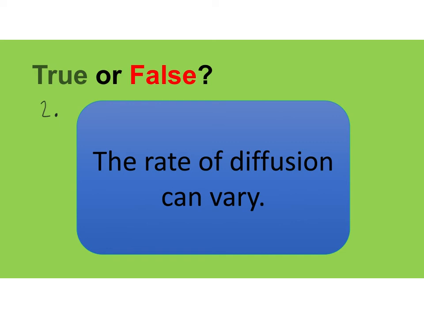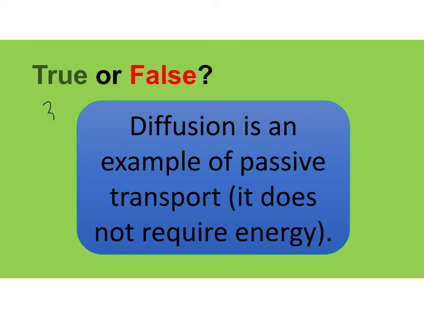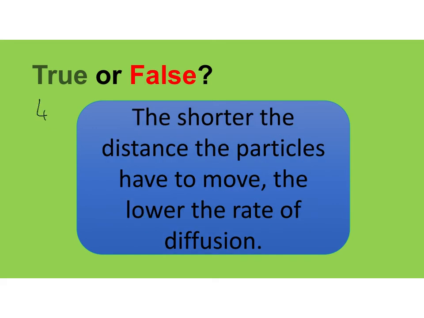Number 3, diffusion is example of a passive transport. It does not require energy. And then number 4. The shorter the distance the particles have to move, the lower the rate of diffusion.